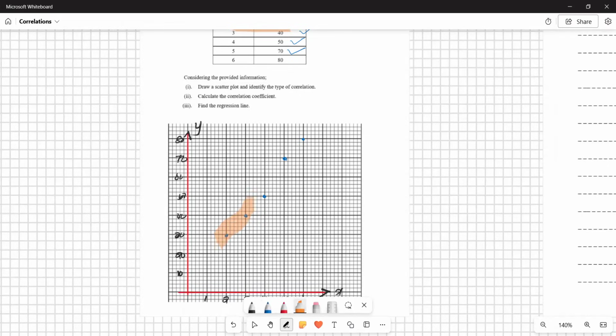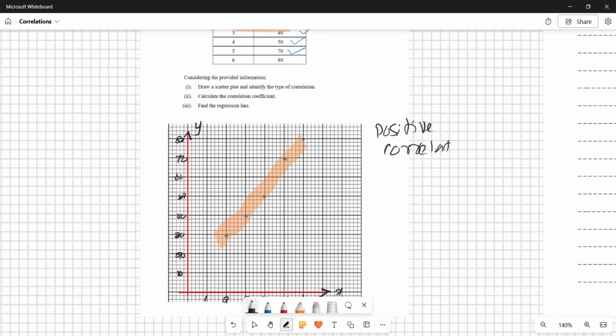Upward trend, not exactly a straight line, upward trend. Therefore, draw the scatter plot, and do not highlight the path. To identify the type of correlation, use the highlighted part, and since this is upward, that is positive correlation.